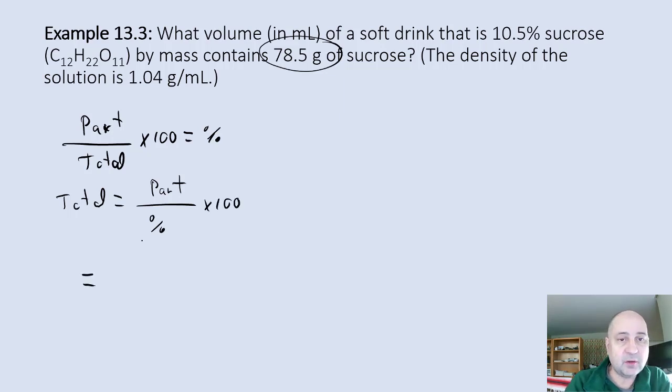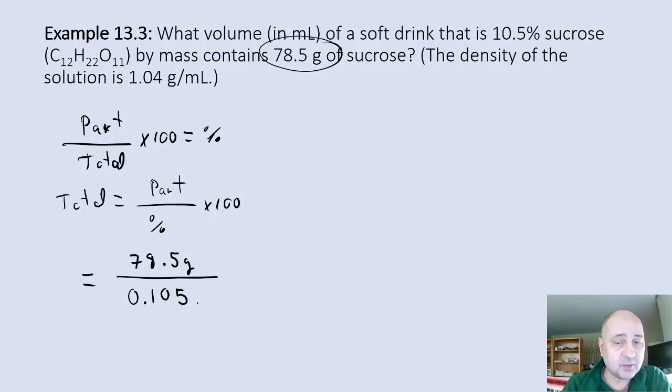So let's do that. We know the part, 78.5 grams, and we know the percent, it's 10.5, and I'm going to lump the 100 into there. Instead of dividing by 10.5 and multiplying by 100, I'm just going to write 0.105. That's the percent fraction, and I get 747.6 grams.